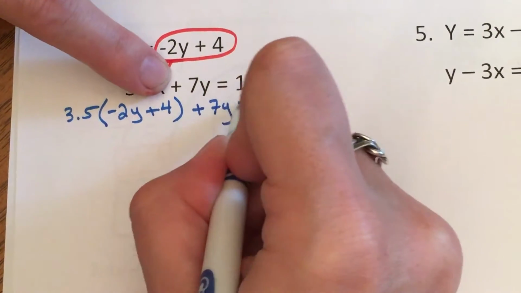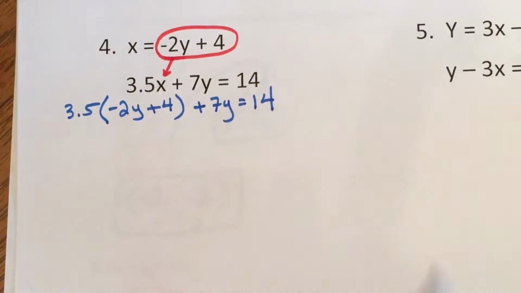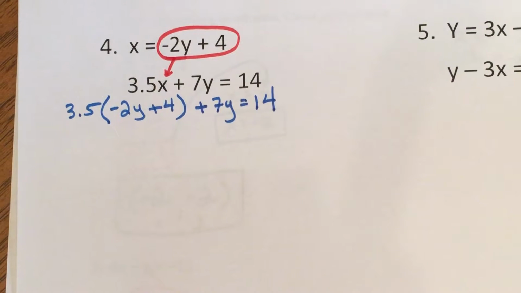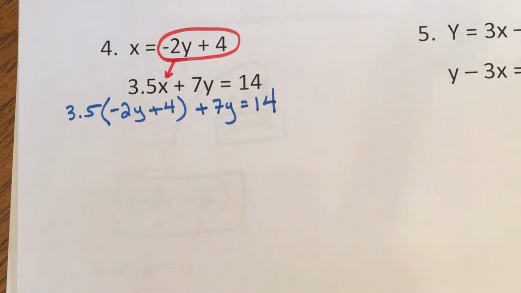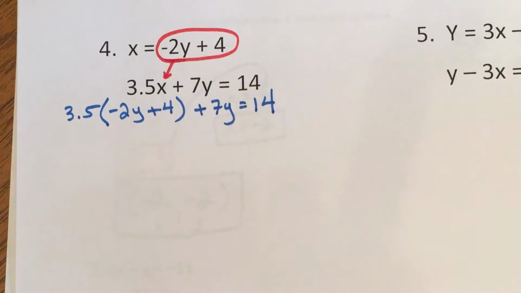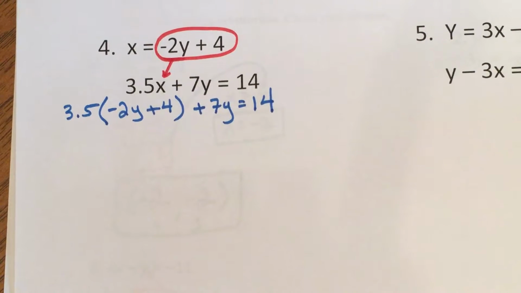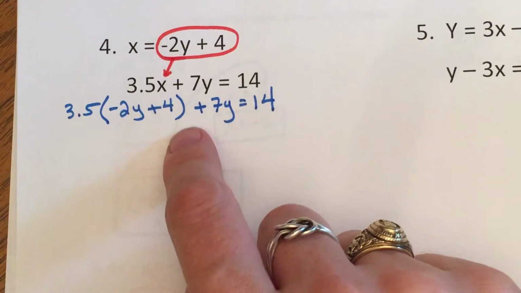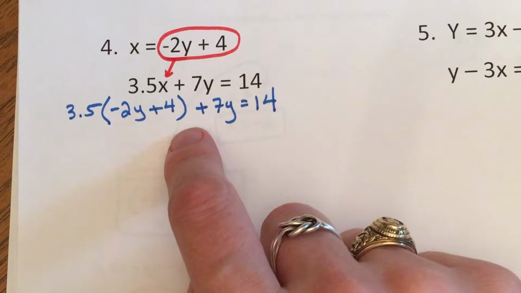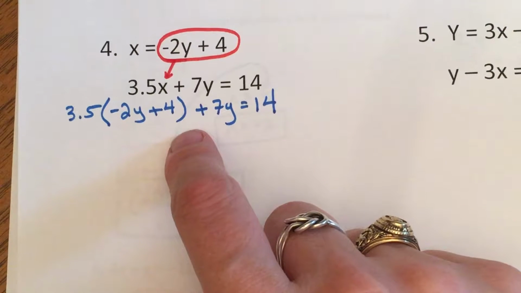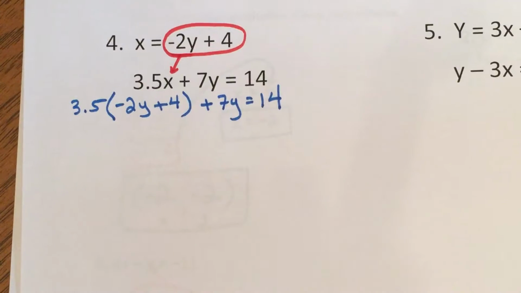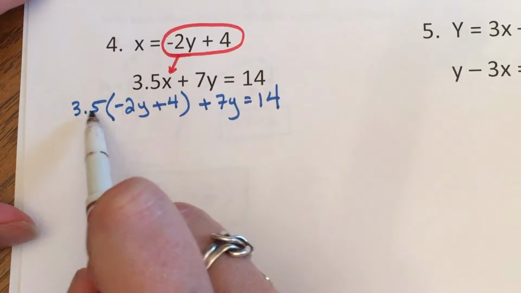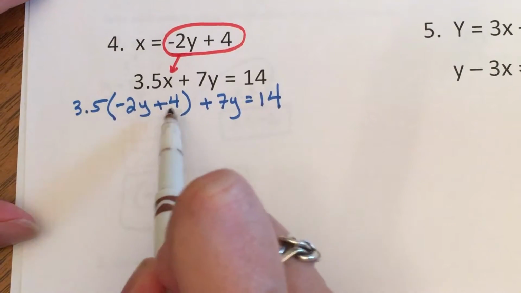Plus 7y equals 14. So we have substituted it in. Step 3 tells us to solve this equation for its variable. Okay, so to do that, I have to distribute this 3.5 through the quantity.